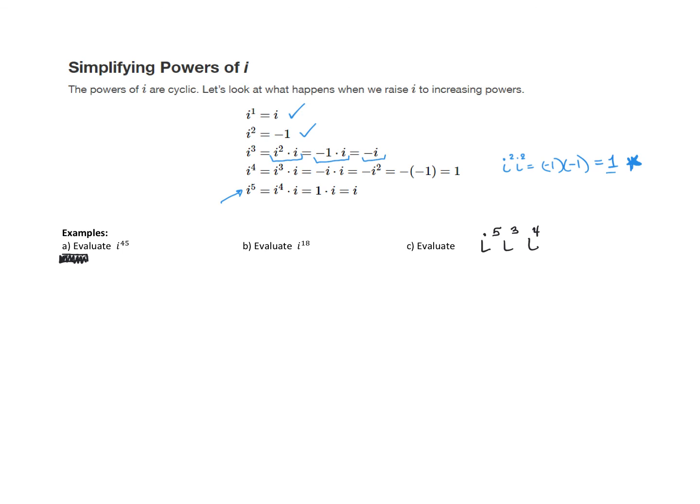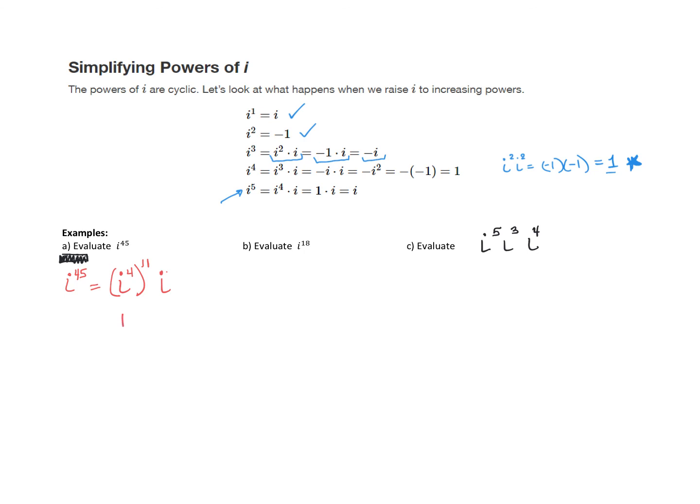So what we do when we want to evaluate a power of i is divide, basically, by 4, because i to the 45th is actually i to the 4th to the 11th power, because that's 44, and then one more i. So this is really i to the 44th times one more, i to the 5th.